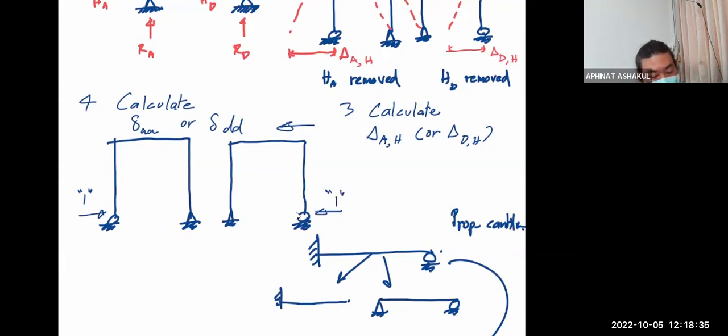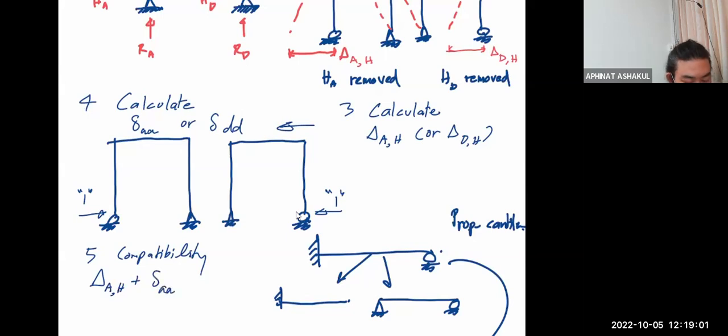Okay. And then step number 5 is to write your compatibility. That would be delta AH plus delta AA, but this is due to unit load, so I have to multiply by HA, right?